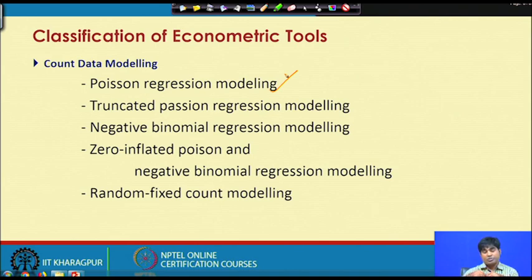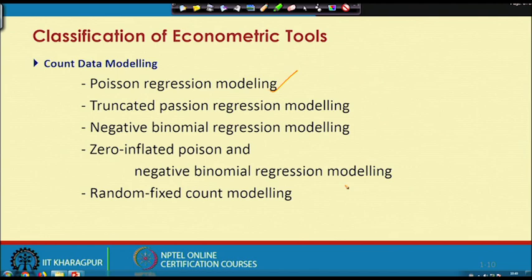So, these are all special categories of modeling where we can address some of the engineering problems in a much better way, as per the particular engineering requirement or decision making requirement.